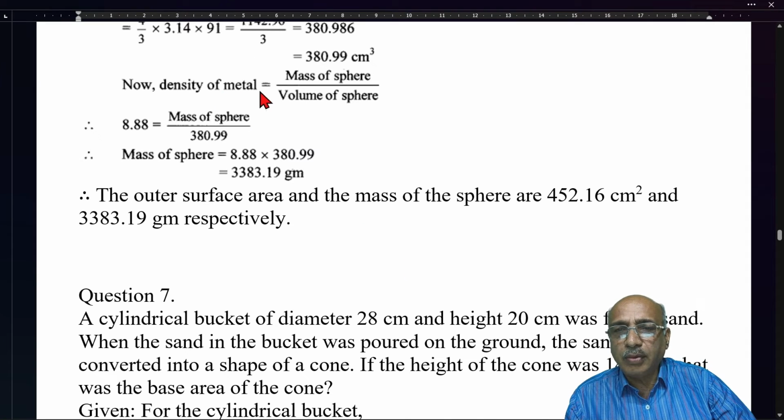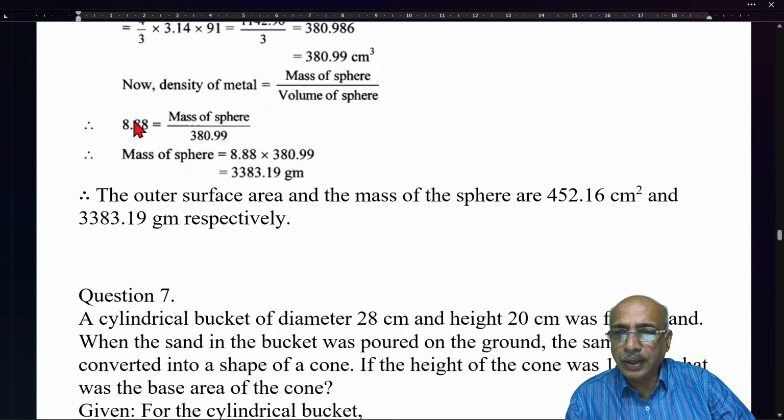Now density of the metal. What is density? Mass upon volume. So mass of sphere upon volume of sphere. 8.88 is the density of metal given. Mass of sphere we don't know. Volume of sphere we have calculated above. It comes to 380.99.